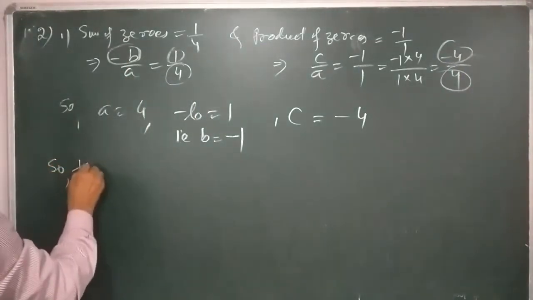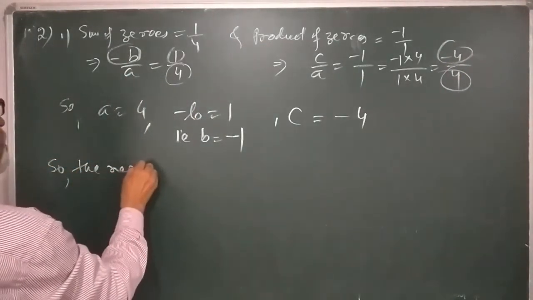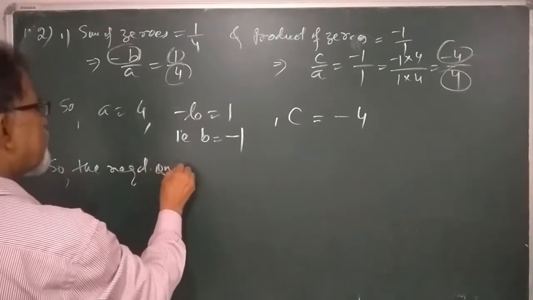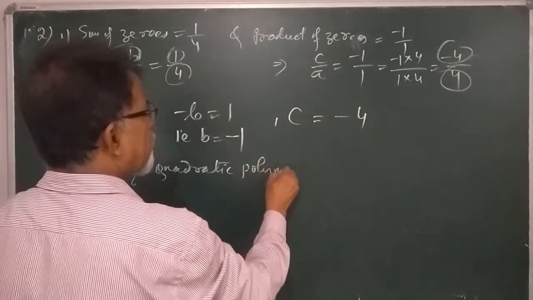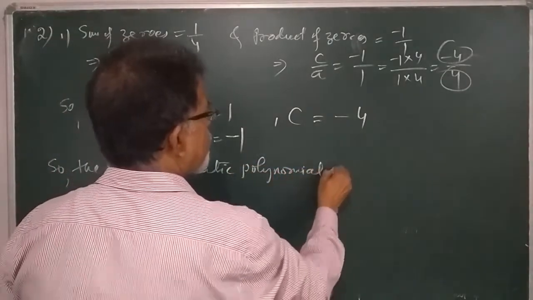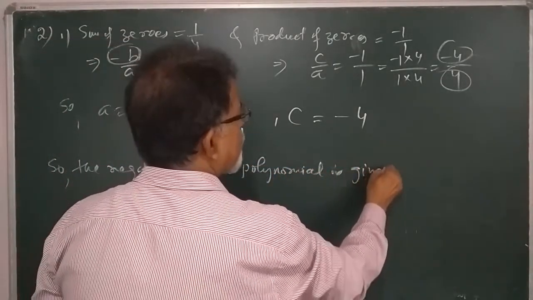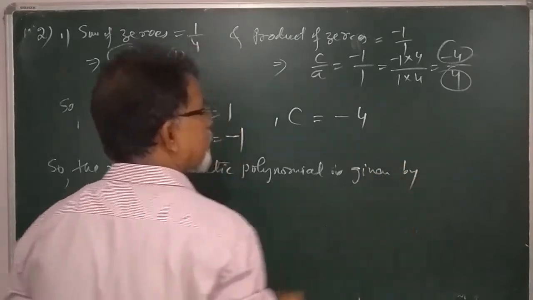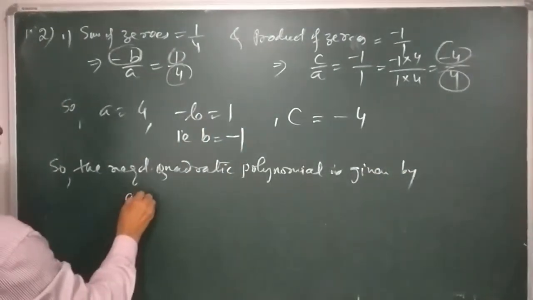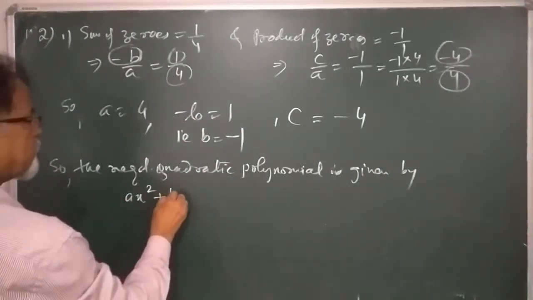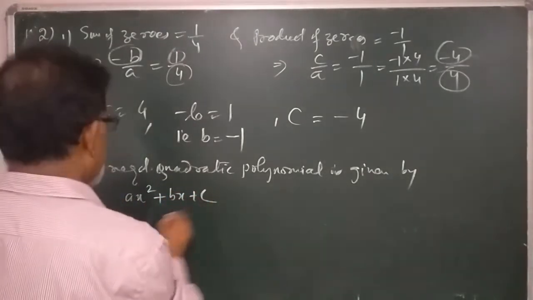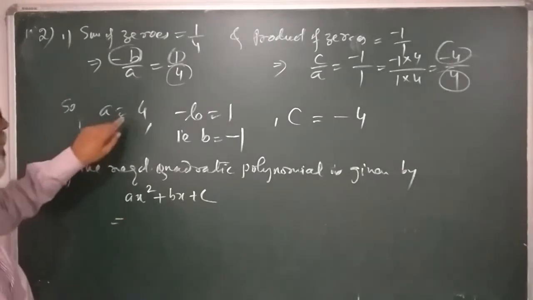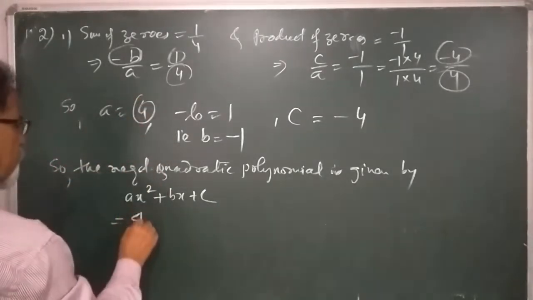So the required quadratic polynomial is given by ax square plus bx plus c. This implies, what is the value of A? 4. 4x square.